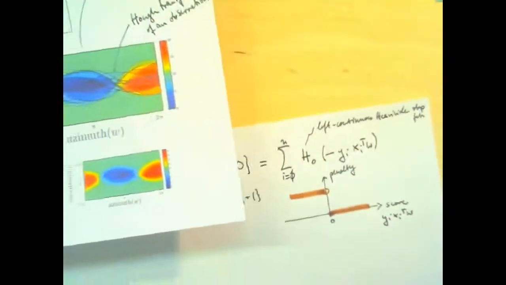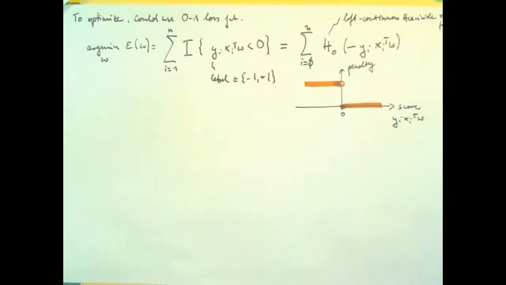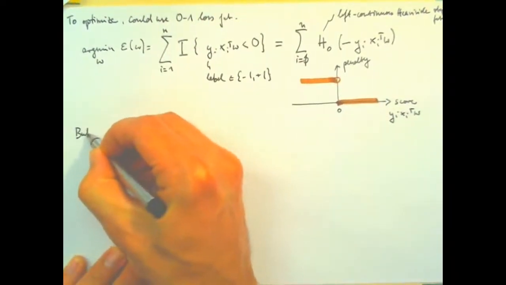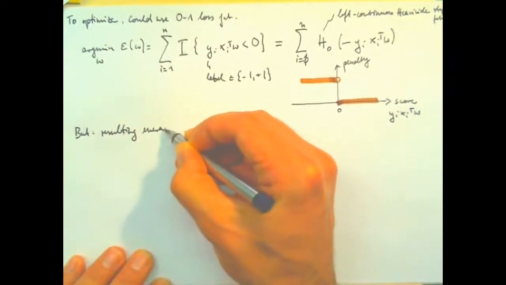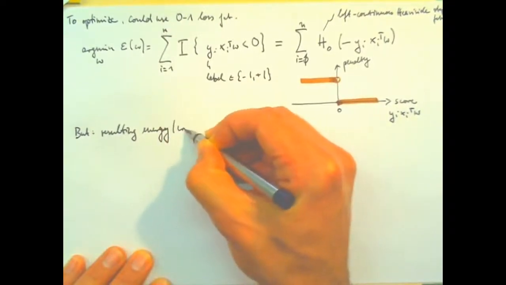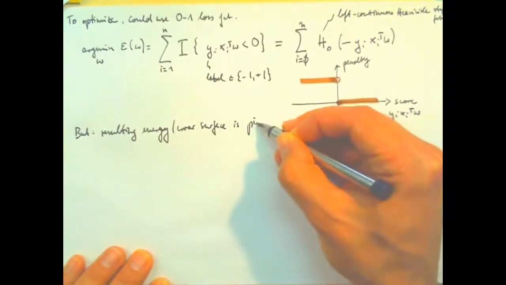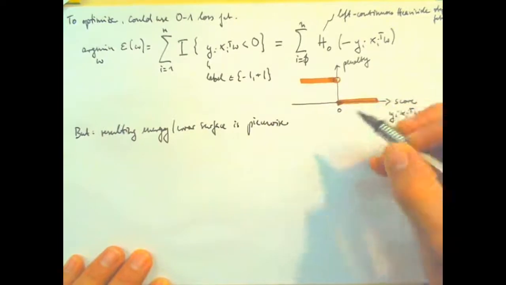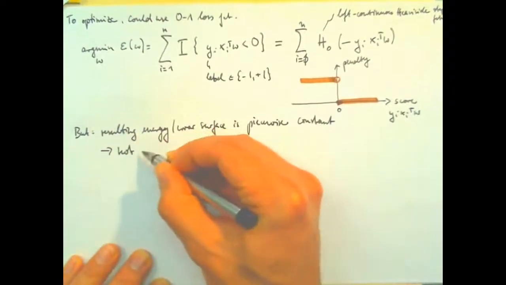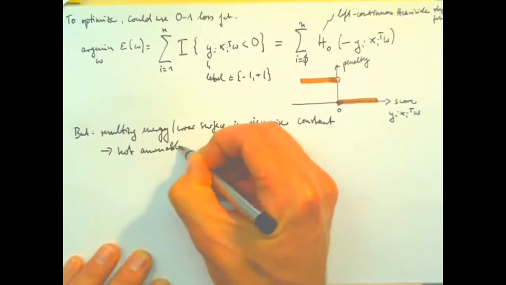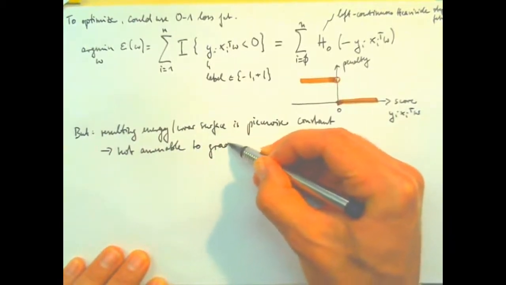So to optimize, we could use the 0,1 loss function, but the resulting energy or error surface is piecewise constant. And that means it is not amenable to gradient descent procedures.